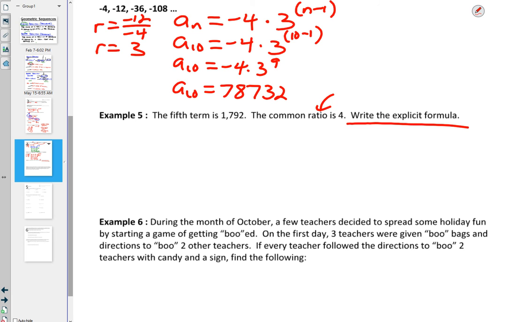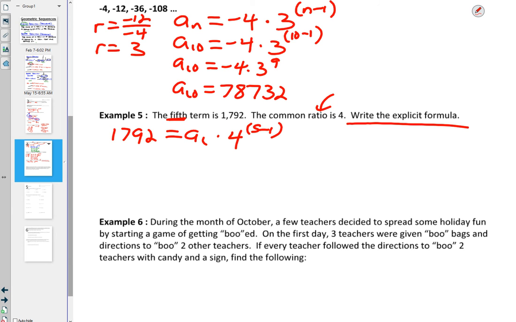Instead of putting the final number, I'm actually going to write the final number, which is 1792 equals this a sub 1 that I'm looking for, times the common ratio, which is 4, to the power of 5 minus 1. The important thing is here, how many unknowns are there?